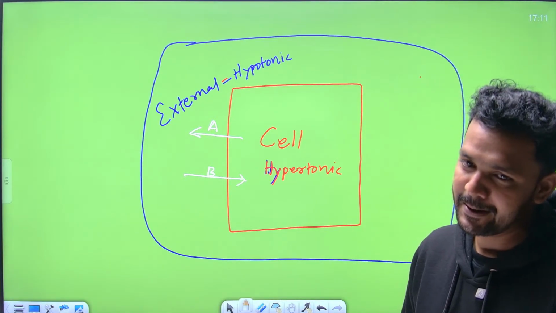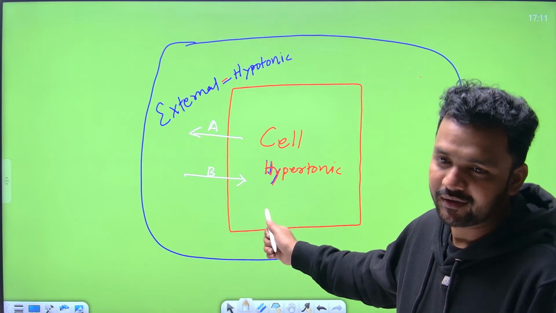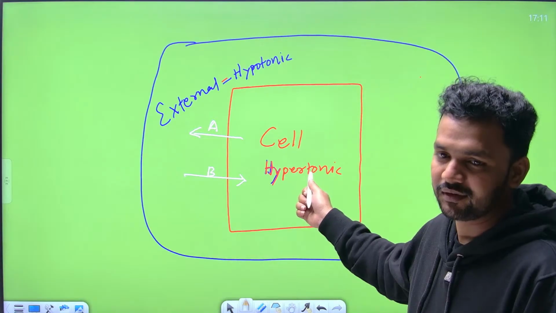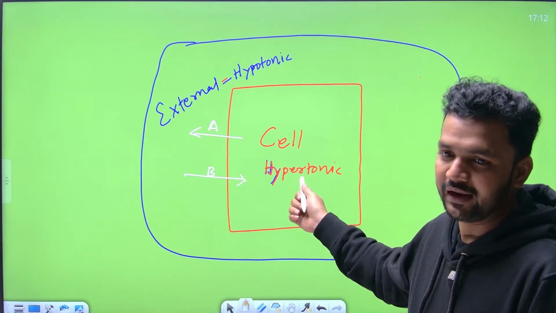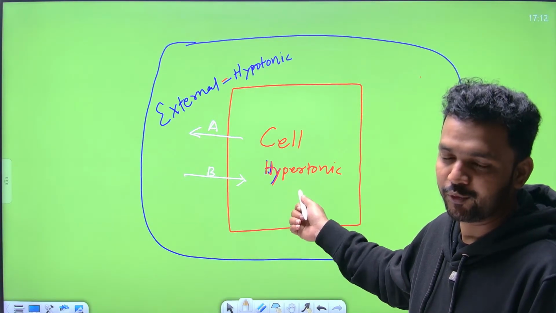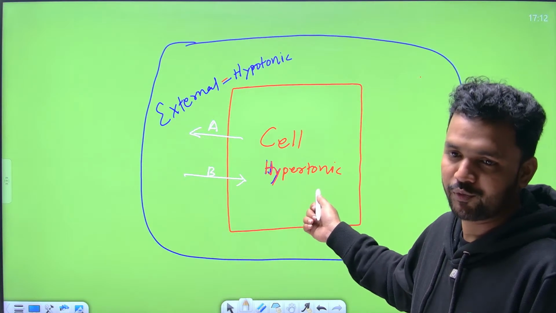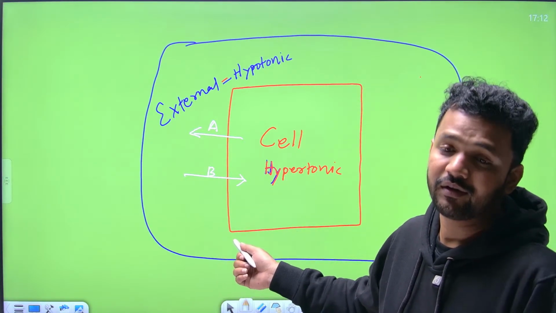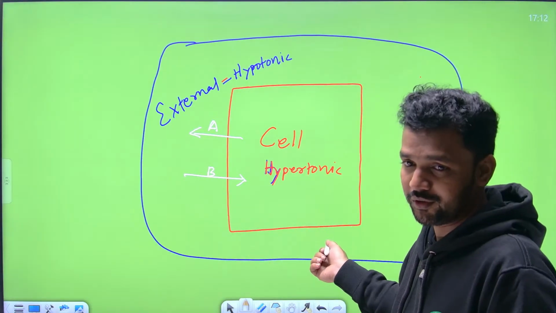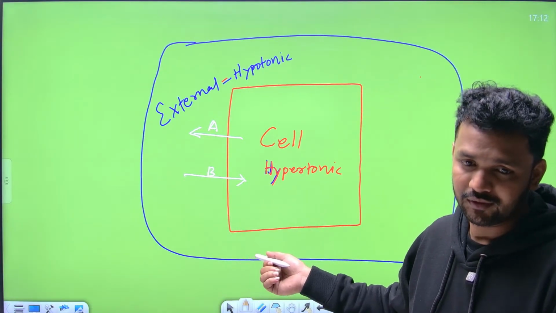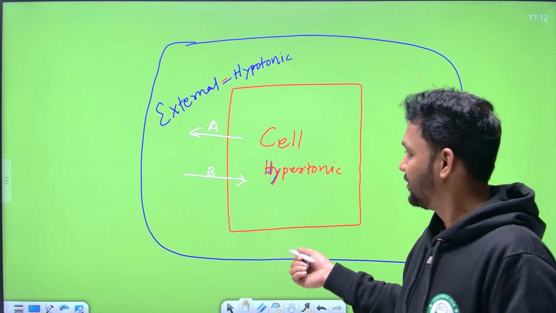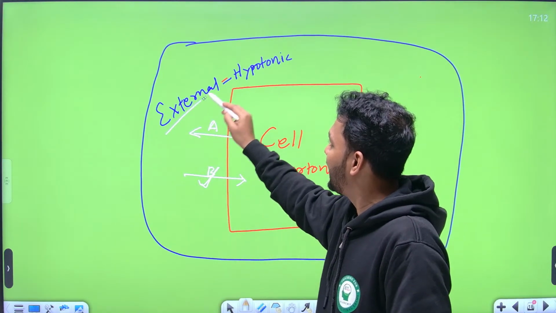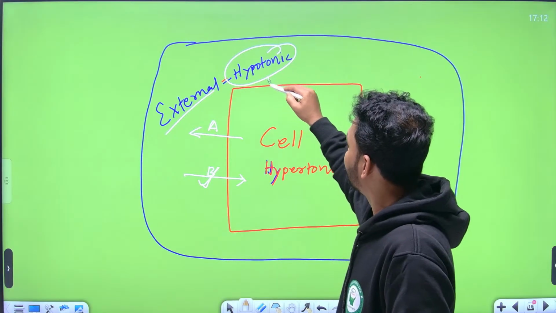The cell is hypertonic, meaning more solute, and the external solution is hypotonic, with less solute and more water. Water moves from more solvent to less solvent, or from low solute to high solute, from hypotonic to hypertonic.